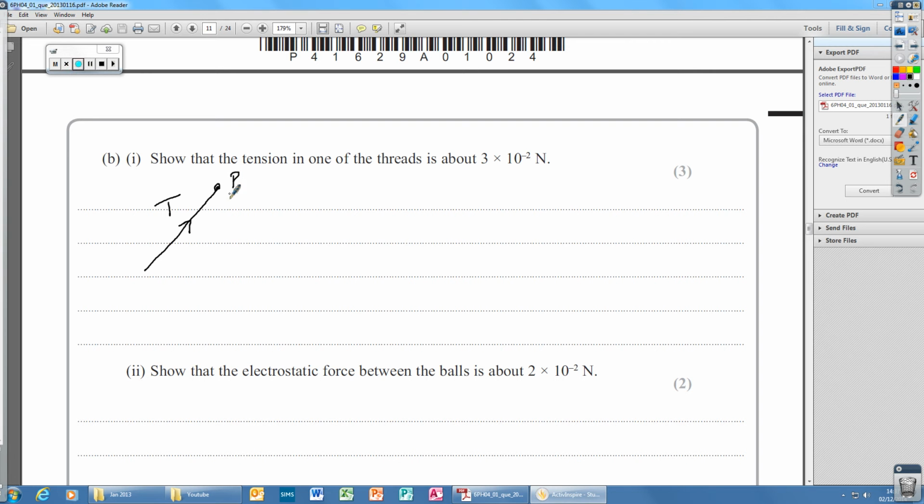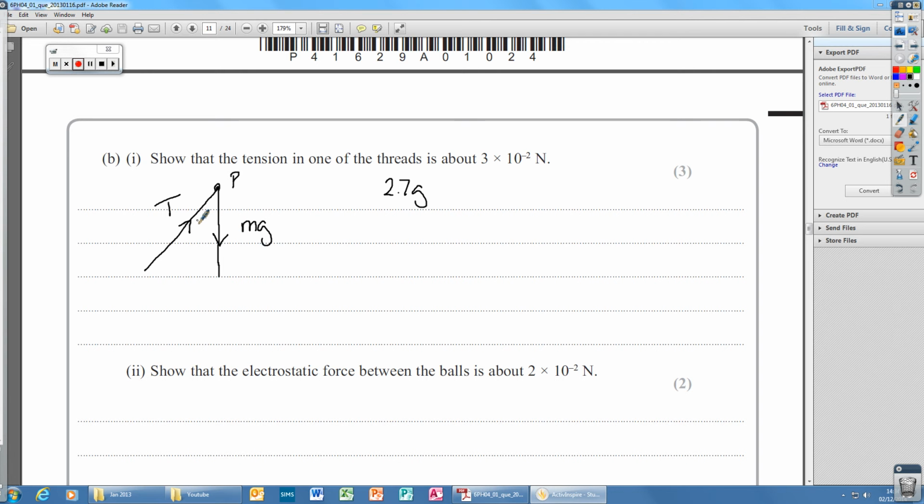There's the point P up there, and then this part of the diagram is simply going to be the weight, mg. And just so that we remember, the weight of the ball is 2.7 grams.